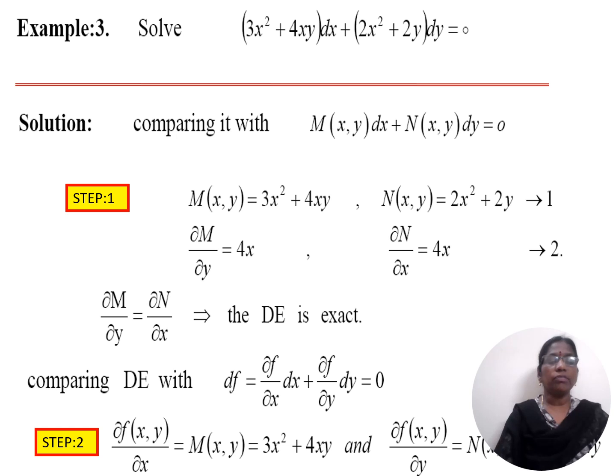Now comparing the differential equation with df = ∂f/∂x dx + ∂f/∂y dy = 0, we have ∂f/∂x = M(x,y) = 3x² + 4xy and ∂f/∂y = N(x,y) = 2x² + 2y.